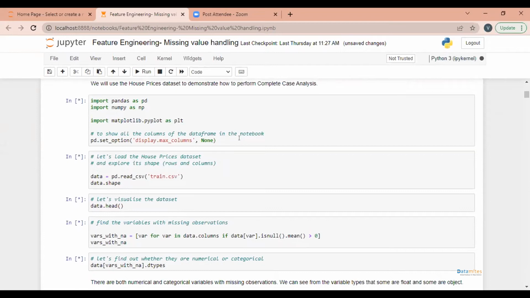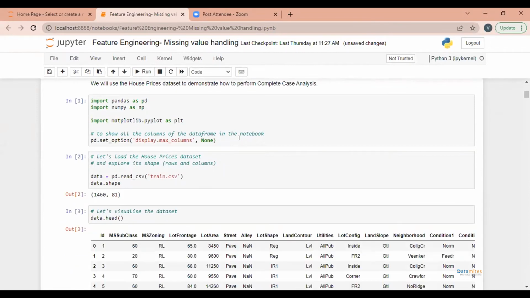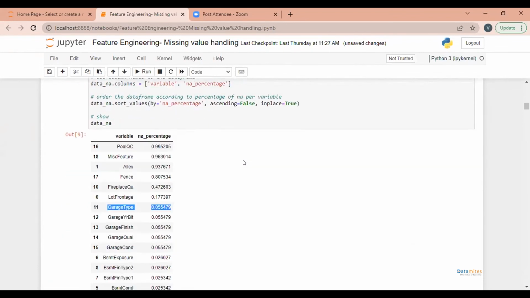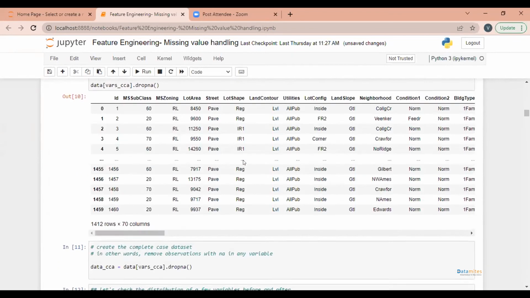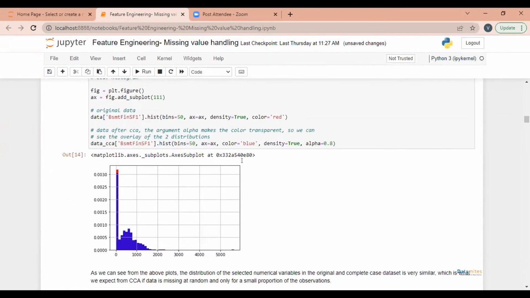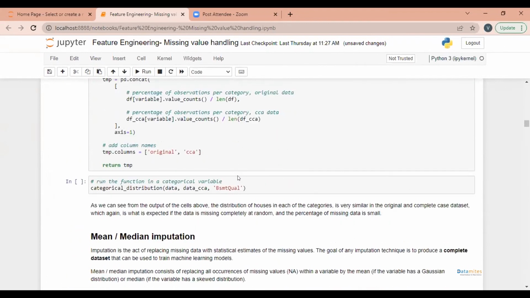So we will see that the distribution of observations for the categories is roughly the same. Even in the case of categorical variables, the distribution will be roughly the same. This is for ground living area, numerical. This is basement fin SF1.